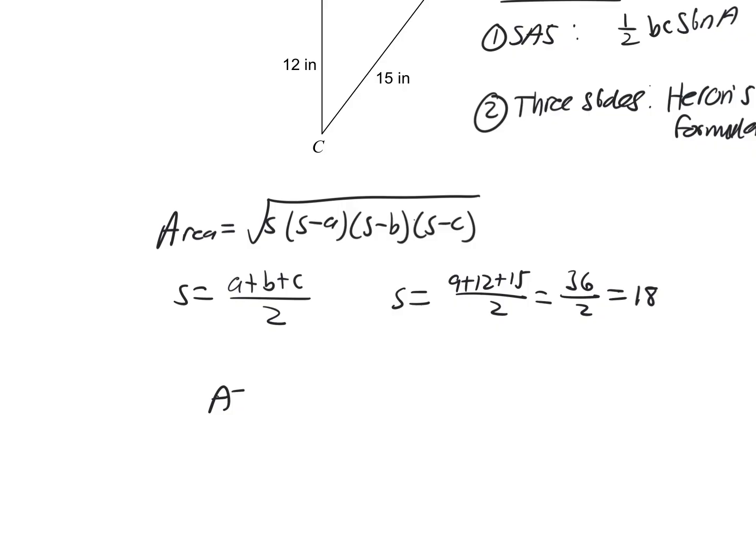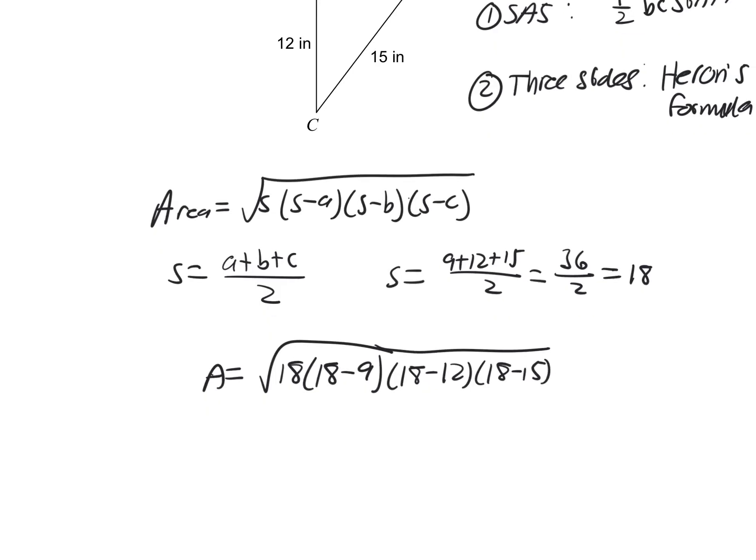So my area is going to be the square root of 18 times 18 minus 9, 18 minus 12, and 18 minus 15. You'll notice that my a, b, and c are not in order. It doesn't matter how you do it, you're going to get the same answer. Multiplication is commutative. It doesn't really matter what order you do it in.